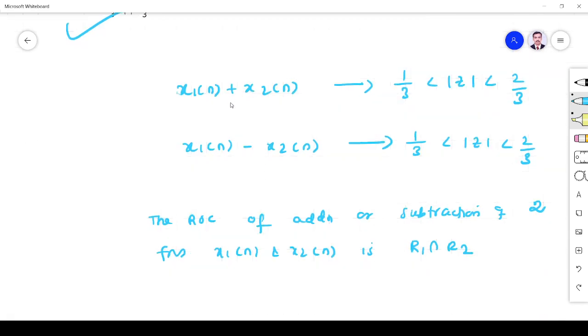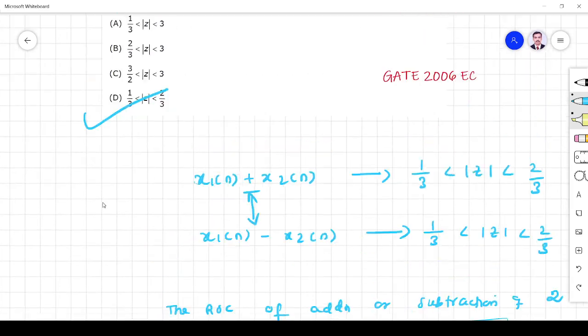So whatever it be, plus or minus, the ROC is the same. If x1 of n has ROC R1 and x2 of n has ROC R2, then for x1 plus x2 or x1 minus x2, the ROC is always the common region between these two. So the answer is the same.